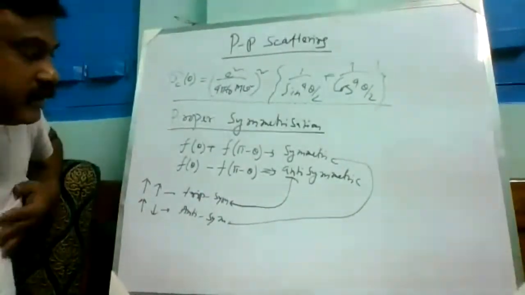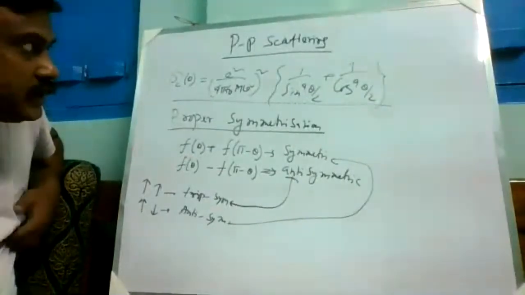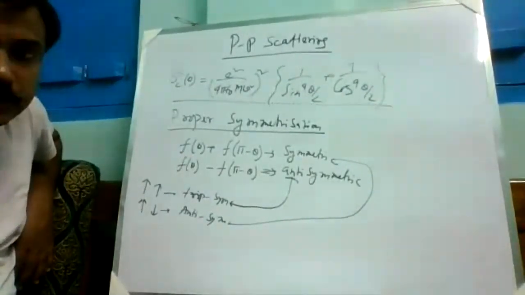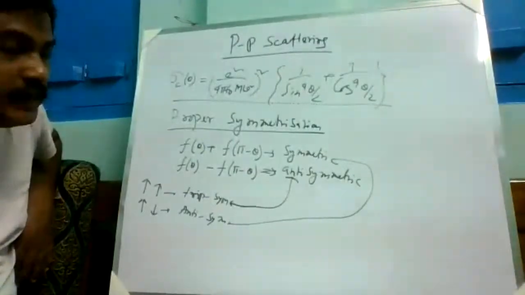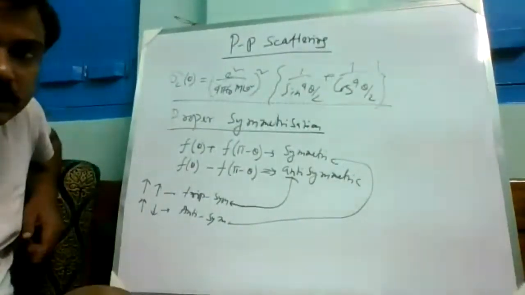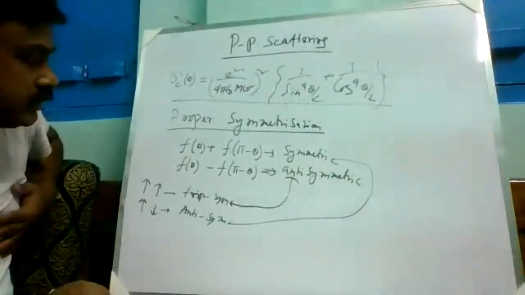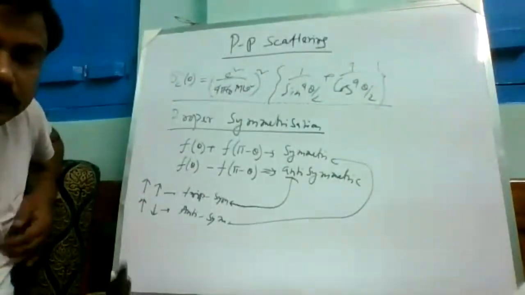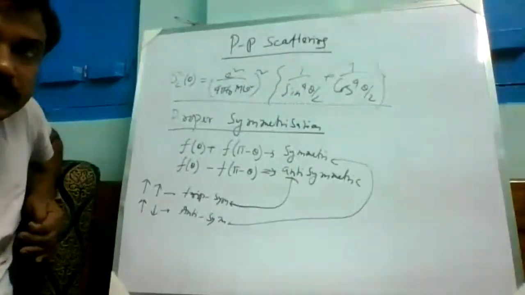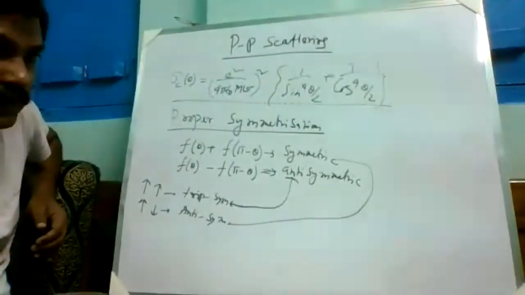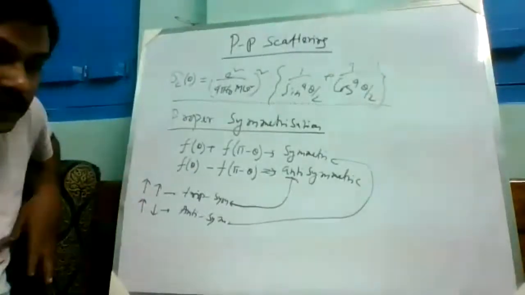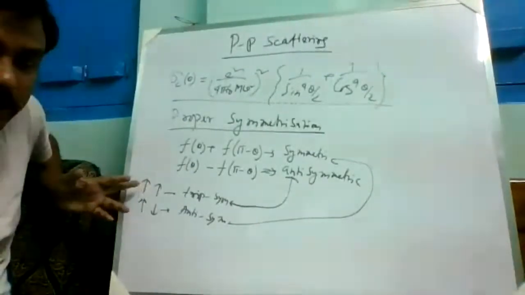says that since these particles are fermions, protons are fermions because spin is half, exchange of the particles, one becomes two and two becomes one, its sign would be changed. Now for the triplet state, if you change the particles, there is no change; you cannot distinguish.